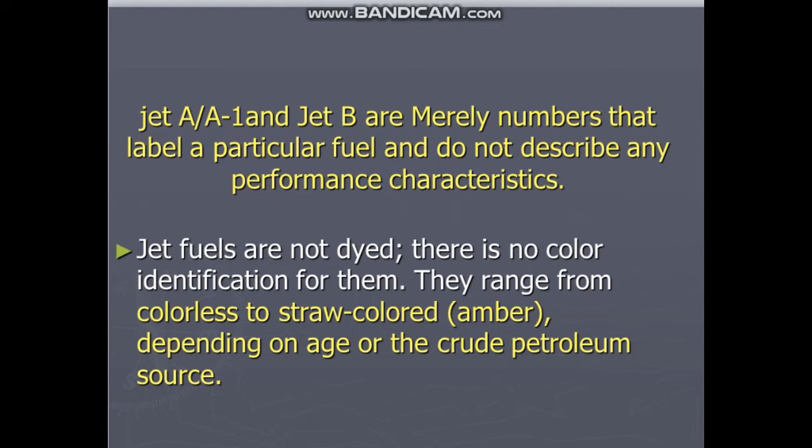Jet A, Jet A-1 and Jet B are merely names that label a particular fuel and do not describe any performance characteristics. Jet fuels are not dyed. There is no color identification for them, as we said in the previous figure. They range from colorless to straw-colored to amber, depending on age or the crude petroleum source.